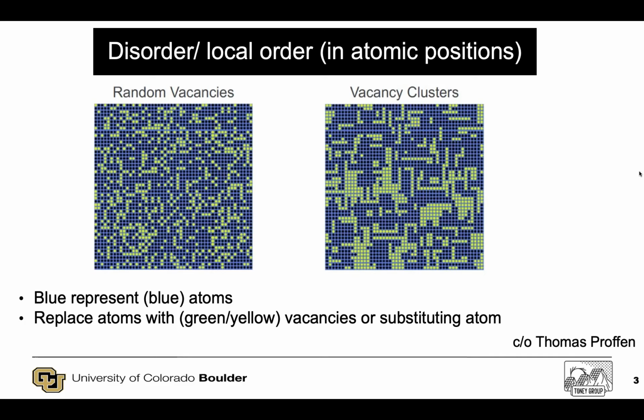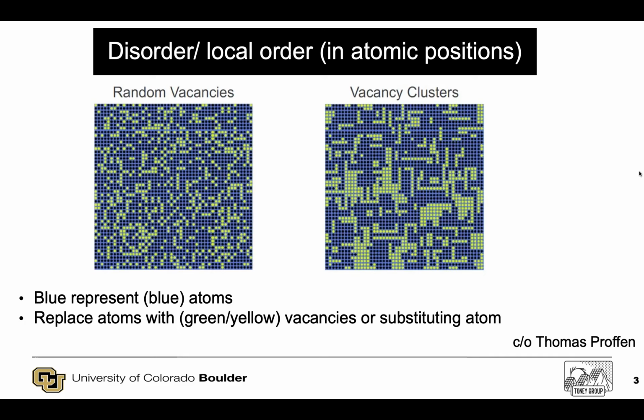On the right side, we allow there to be clusters, so there's some probability that if there's a vacancy, there's another one next to it. You can pretty clearly see just by looking at the structure that these are completely different.